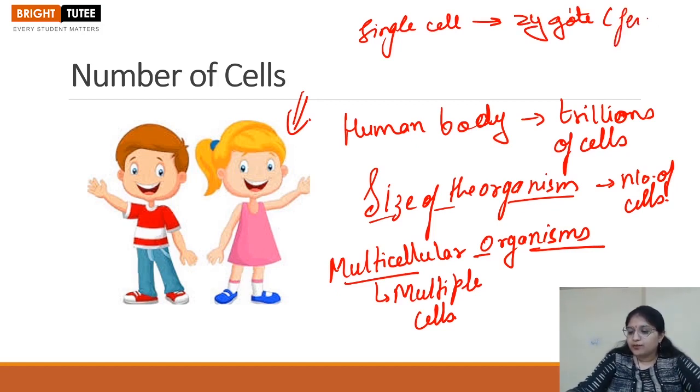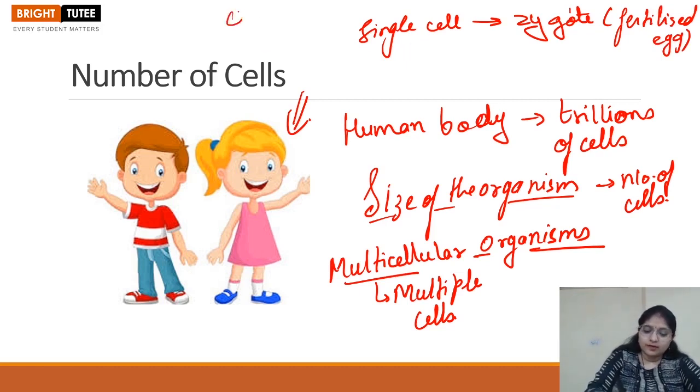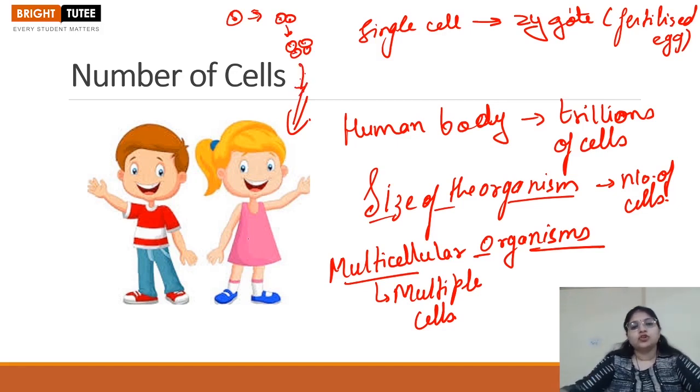This single cell divides into 2 cells, then further divides into 4 cells, and so on, leading up to the formation of the multicellular organism.